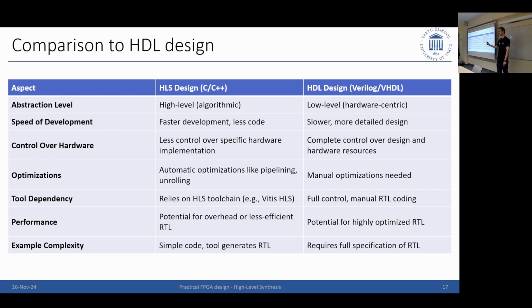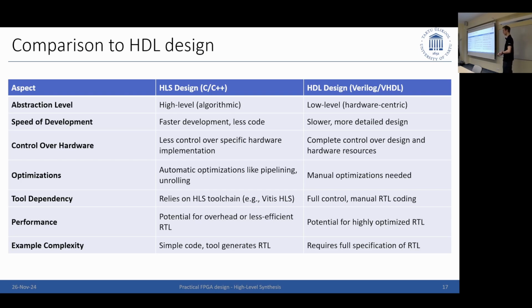Also good to know is, for many years, HLS was not liked by many developers from the hardware design community. Why? Because these HLS tools were not good. You have to consider they need to understand each scenario, and it's a compiler on a compiler. And as we know, for example, from Python, when it translates to a lower level, it's just not as fast. It's a different abstraction level. The same applies here.